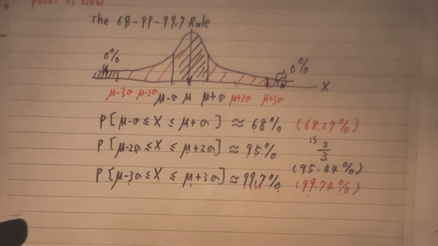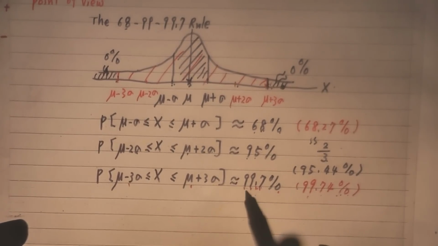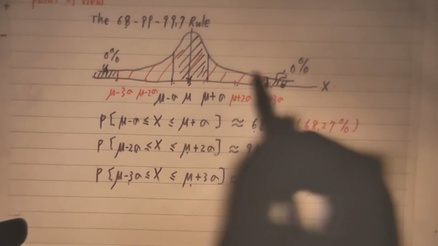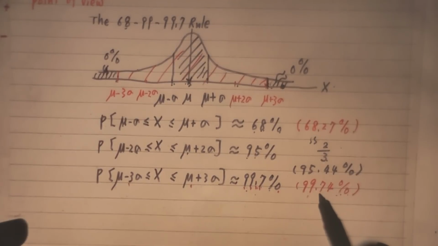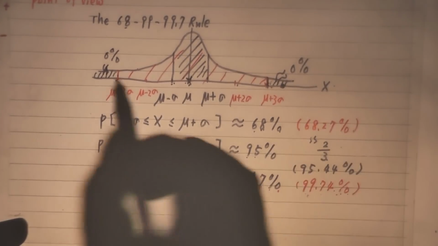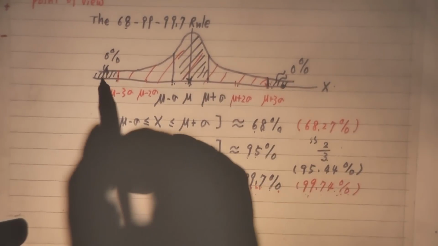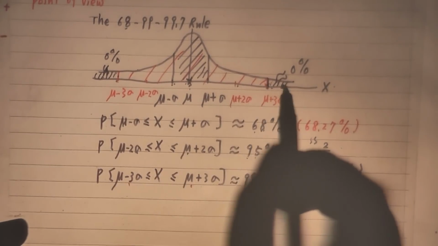Okay? Say I have 100 observations. I expect to see no observation deviate from the center by more than 3 sigma. If I have, say, 1,000 observations, I expect to see about 2.6 observations that deviate from the center mu by more than 3 sigma.